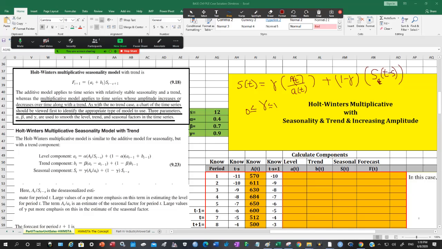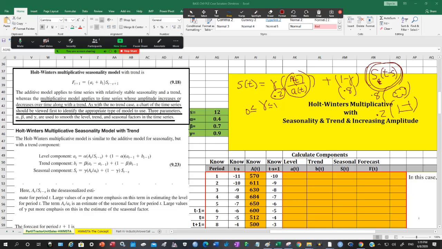If gamma is, let's say, 0.2, then 1 minus gamma would be 0.8, which means this term here counts more towards calculating the seasonal component than this one right here, because 0.8 times something is a lot more than 0.2 times something else.